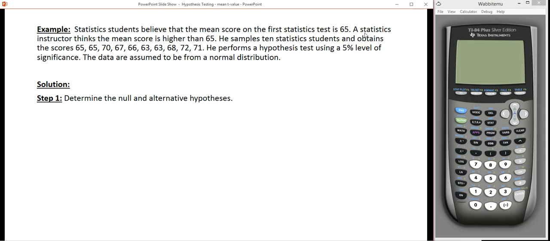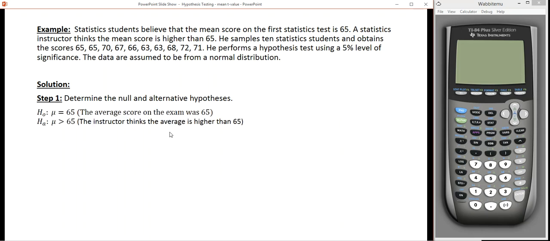Now, for the null, it says a statistics instructor thinks the mean score is higher than 65, and so that's going to be our alternative. What the students believe is that it is 65. So for our null, we'll have mu equals 65. That's the average score on the exam. And then the instructor thinks it's actually higher, so I'll do a greater than sign here. And I just put a little blurb that this, again, is what the instructor thinks.